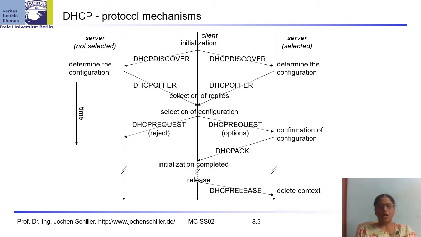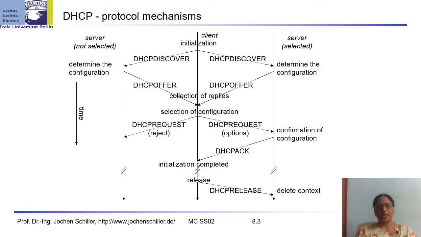So this is how the DHCP protocol works. You can see the list of commands which are sent by both the client and the server. First, whenever a client is moving into a new network, it hears a periodic message from the server.